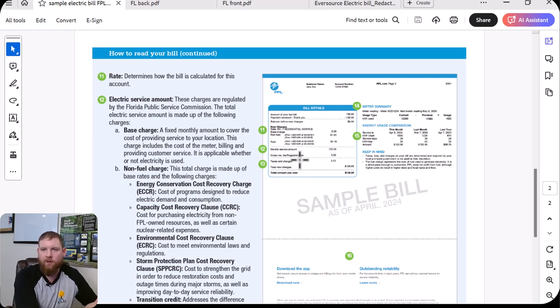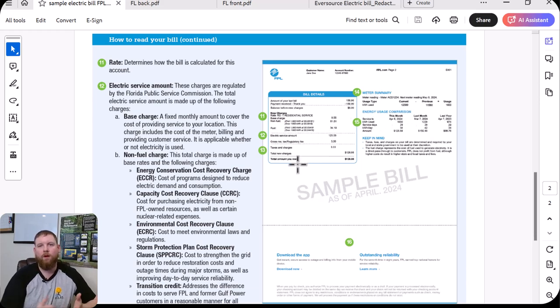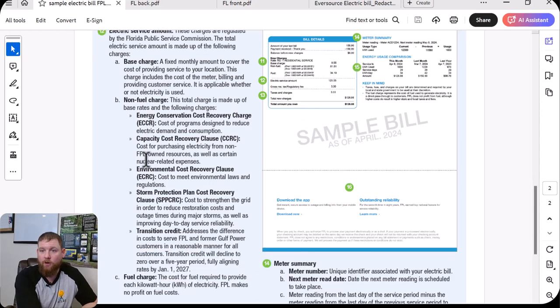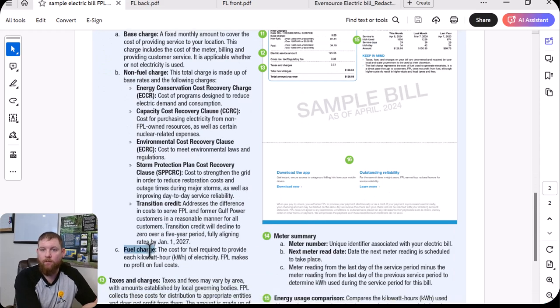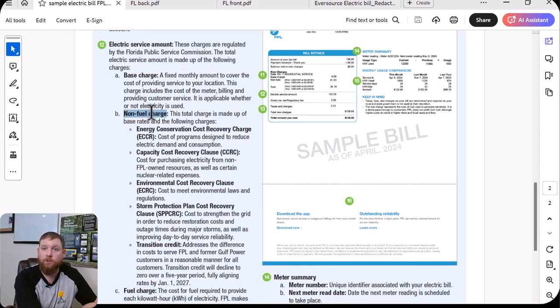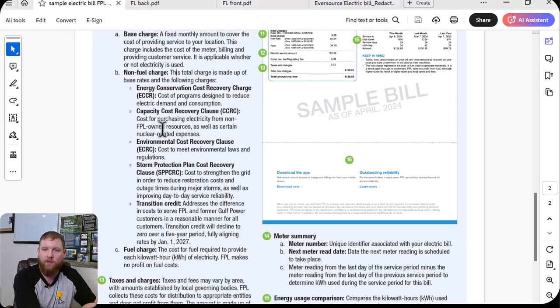But Florida is a little bit different. They don't do a supply and delivery charge like Eversource does. They do a fuel charge and a non-fuel charge, which is essentially the same thing as saying supply and delivery. And as you can see, the non-fuel charge is broken down into several different categories: transition, storm protection, environmental, capacity, energy conservation.